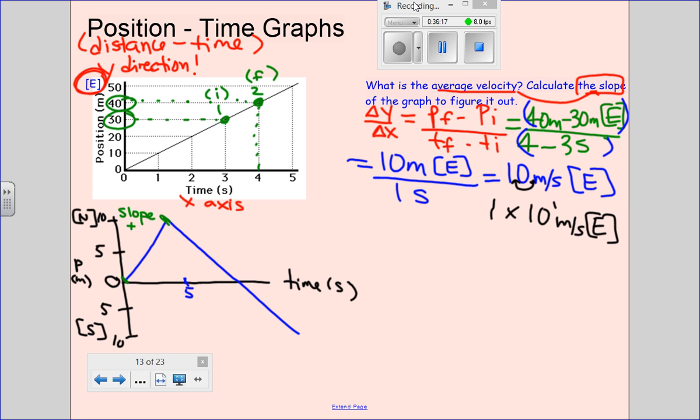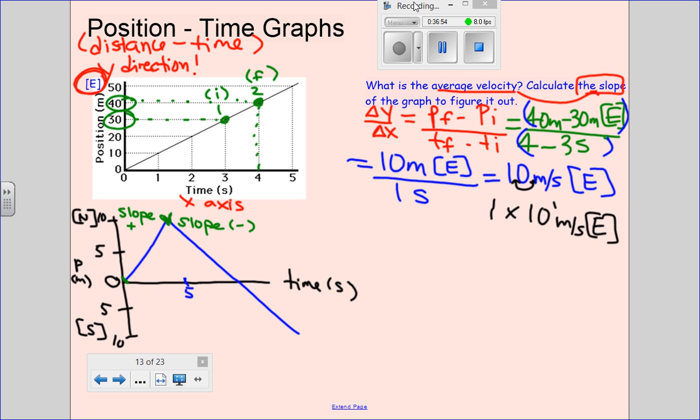At 5 seconds, the line changes direction. Now, since slope has to be based on one straight line of best fit, what I actually have at this point is a new slope. So if I was going to calculate the slope of this graph, I would have to do it in 2 sections because there are 2 lines. Starting here, now the slope would be negative because I'm going down. And so the answer for slope can be a positive number, but it can also be a negative number.